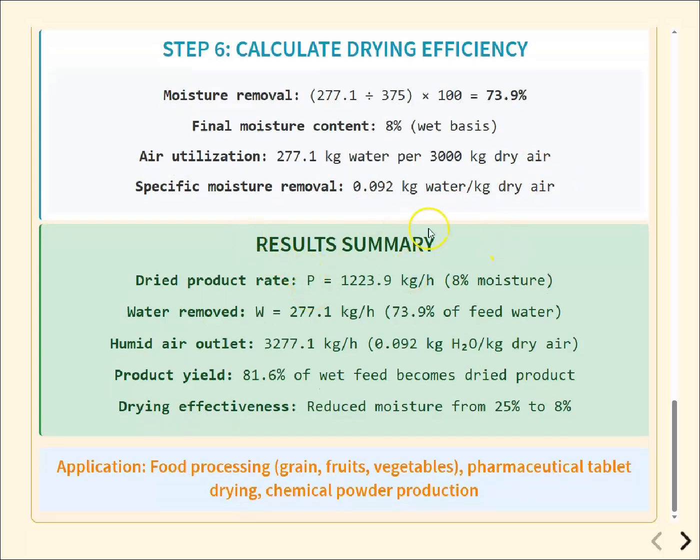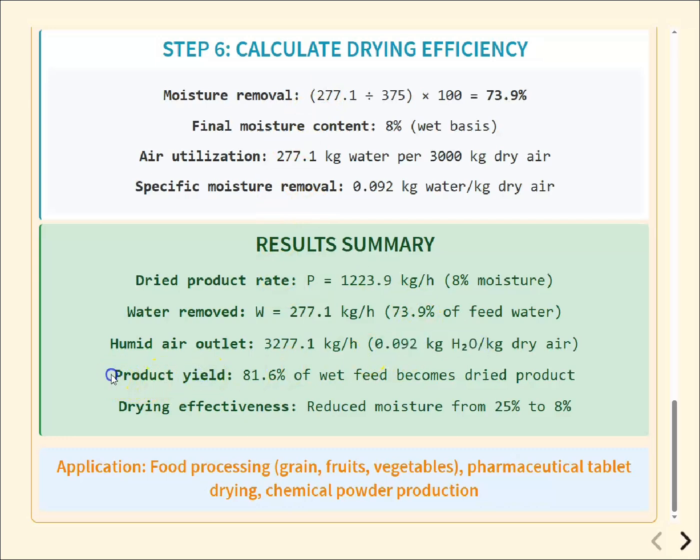Now here is the result summary. Dried product P is 1223.9 kg per hour with 8% moisture. Water removed W is 277.1 kg per hour, and if we do the calculation, that is nearly 74%, 73.9%, of the water in the feed. Humid air outlet is 3277.1 kg per hour, with 0.092 kg of water per kg dry air.